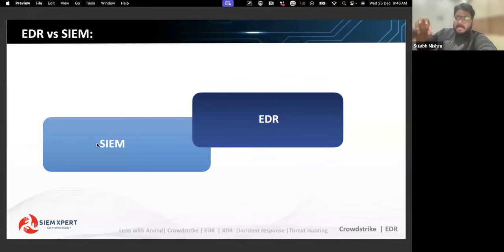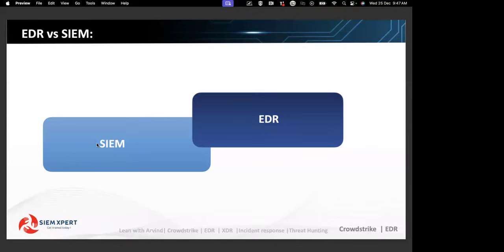But the EDR is more about protecting your endpoint. Because an SIEM can't protect your endpoint. It can only collect the data, correlate the data, and tell you that this is happening. But can it prevent the execution of the file?